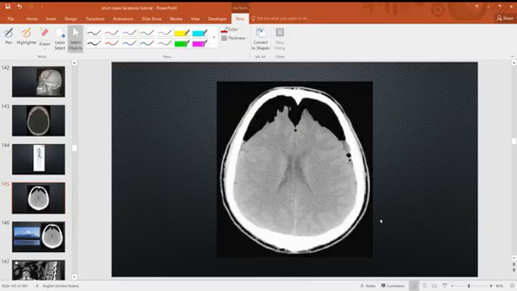We move to the next case. What is that next case? Take 10 to 20 seconds for the next case, and let us see your answers.